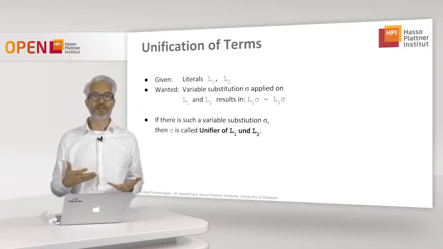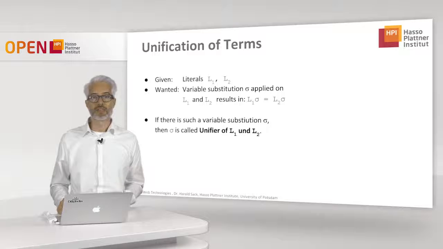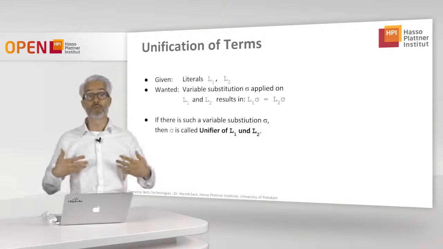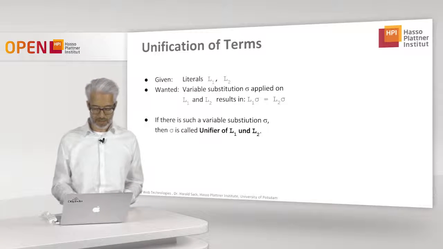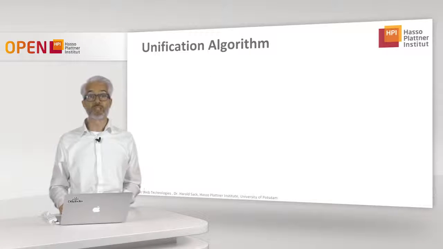If there is such a variable substitution sigma, then sigma is called a unifier of L sub 1 and L sub 2. And we now want to see how this unification can be computed.